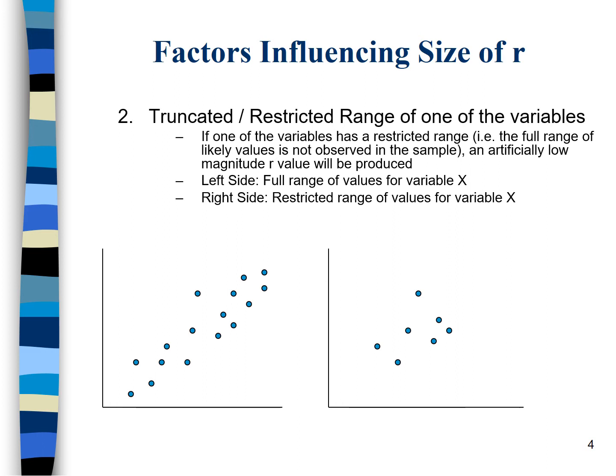So when we actually get the statistic produced, if one of the variables has a restricted range, we will get an artificially low magnitude value of R. Once again, artificially low magnitude simply means an R value that is closer to zero than it really should be if we had access to a full range of values in our sample.